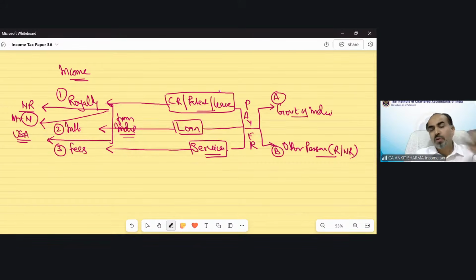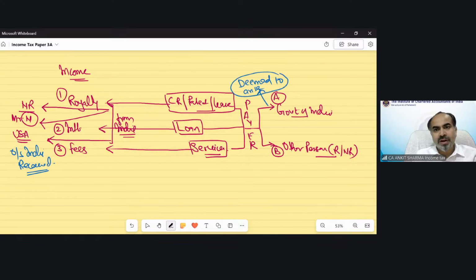So now the provision says that if any non-resident who is receiving this income is receiving it outside India, but the payment has been made by the government of India for any kind of royalty, interest, or fees to any person outside India, so that income is going to be treated as deemed to arise in India.